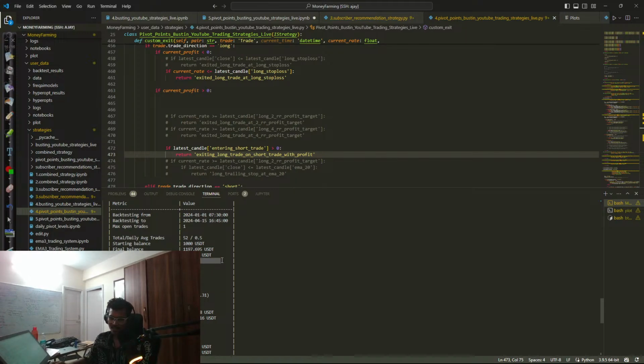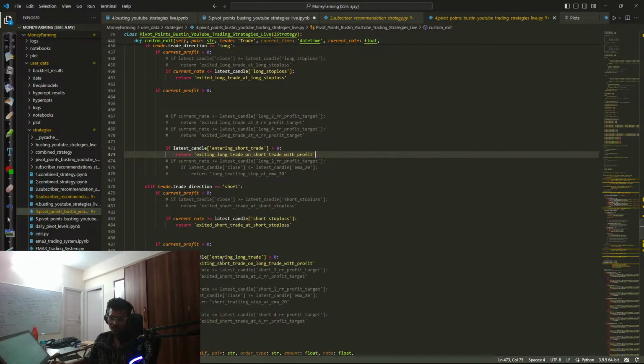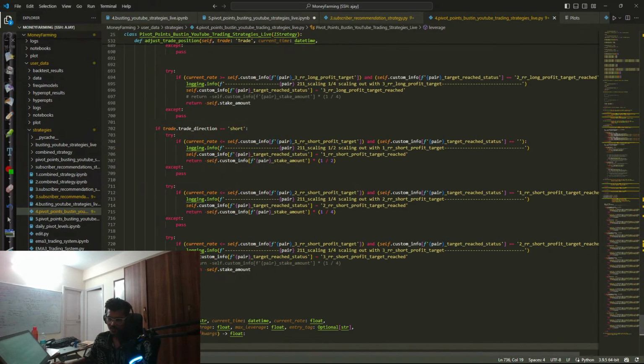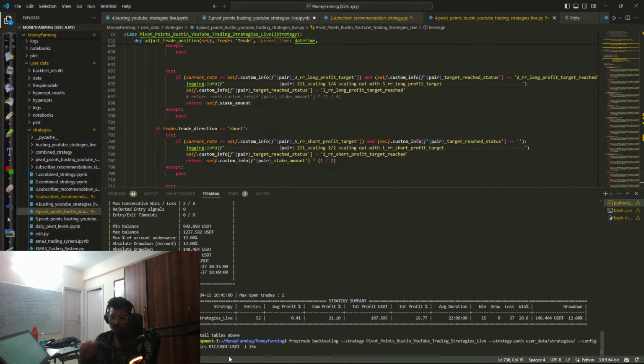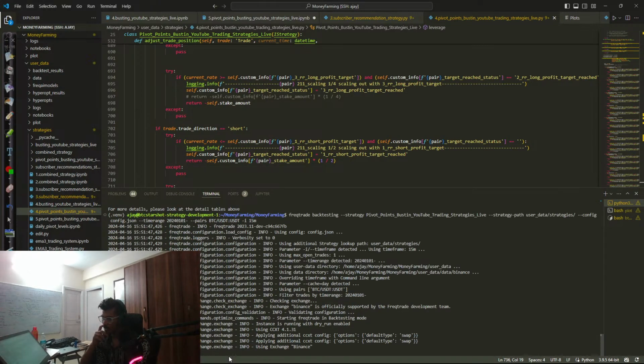So we made like 19% total profit with $1,000 investment, and the leverage is 1. So if I put 5 leverage, let's see how it goes. Let's see what happens.